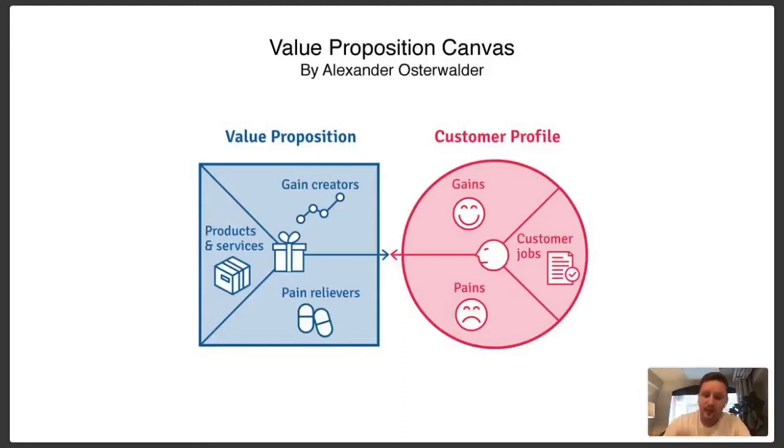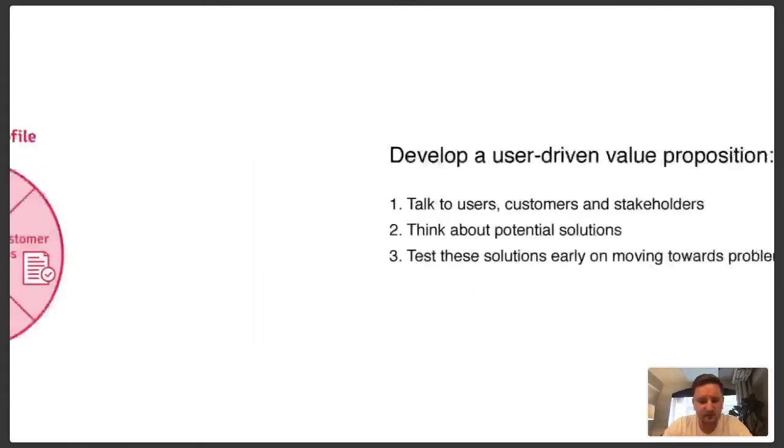And how you are solving it: what products and services, what parts of your product solve these problems for customers, and what gain creators do you have? It's very basic, it's a marketing thing, but Alexander Osterwalder has a great book, the value proposition canvas I think, and it's explained very well and very structured.